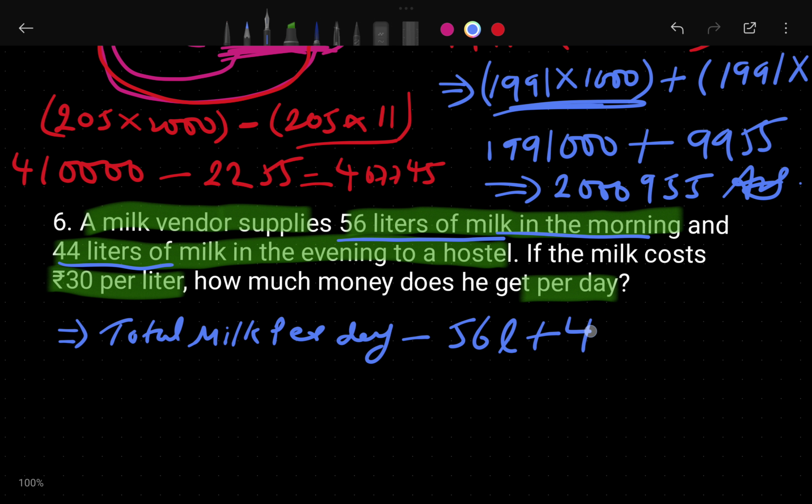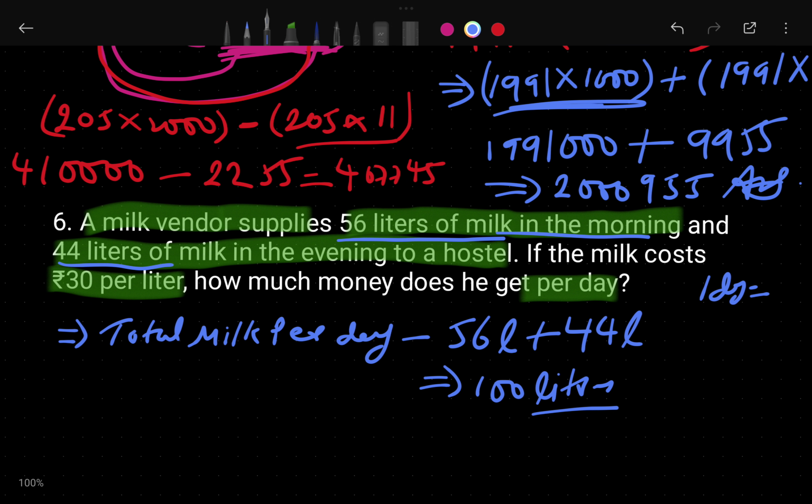Then what is the total milk he is supplying in one day, morning and evening? If you add, this is going to be 100 liters. So 100 liters of milk he is supplying in one day.